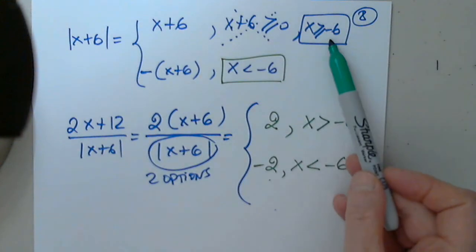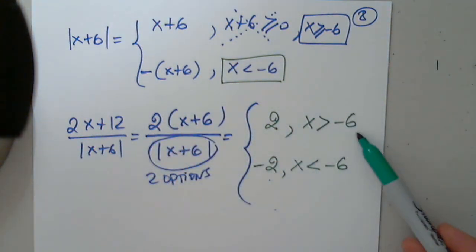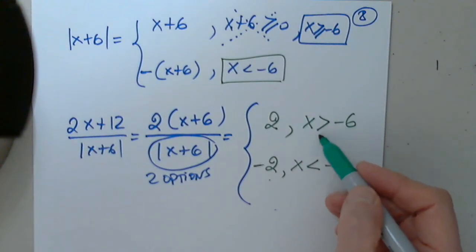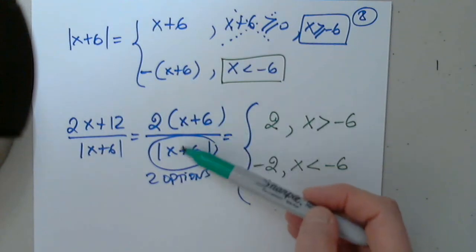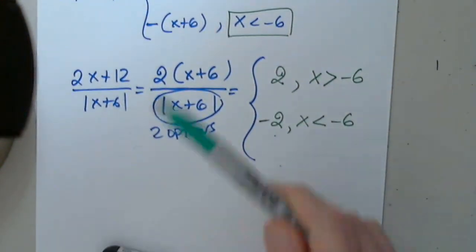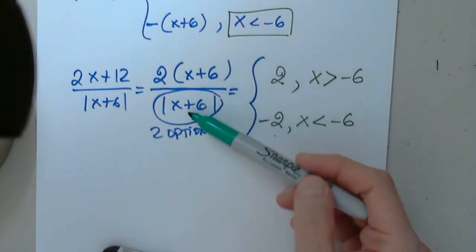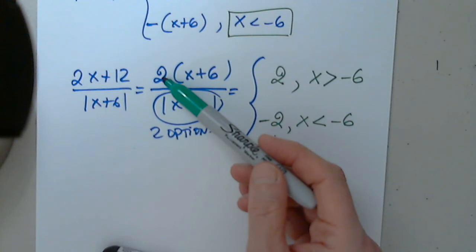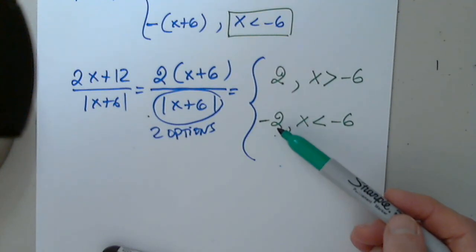So I have to exclude the equal symbol. When the denominator is x plus 6, these two will go away, and I end up with 2. When the denominator is negative x plus 6, I still simplify these two, but now I end up with 2 over negative 1. So that's how I get the negative 2. Do we all see this step?